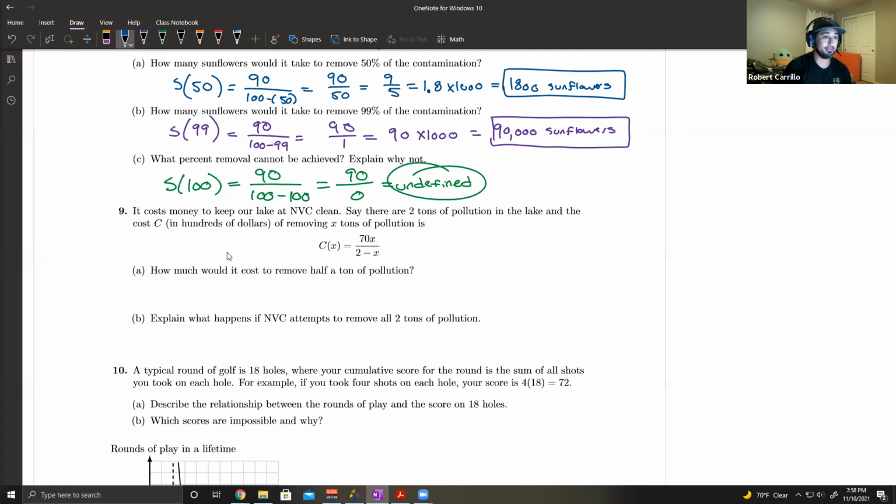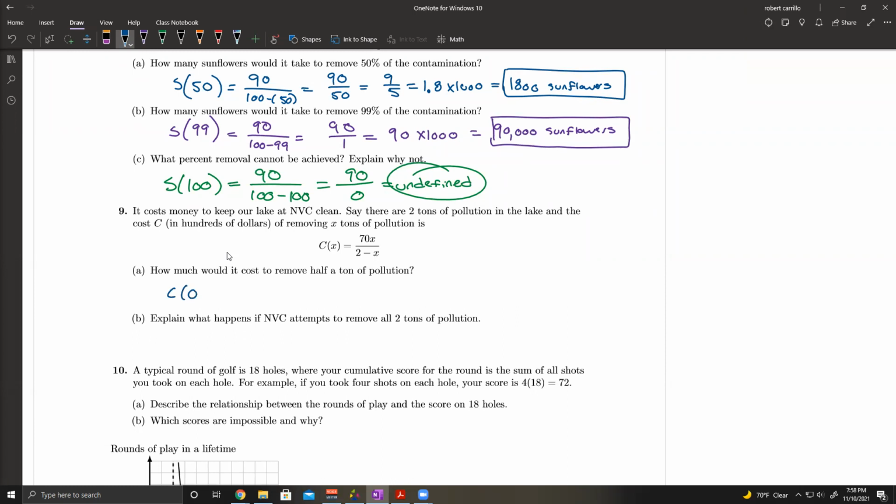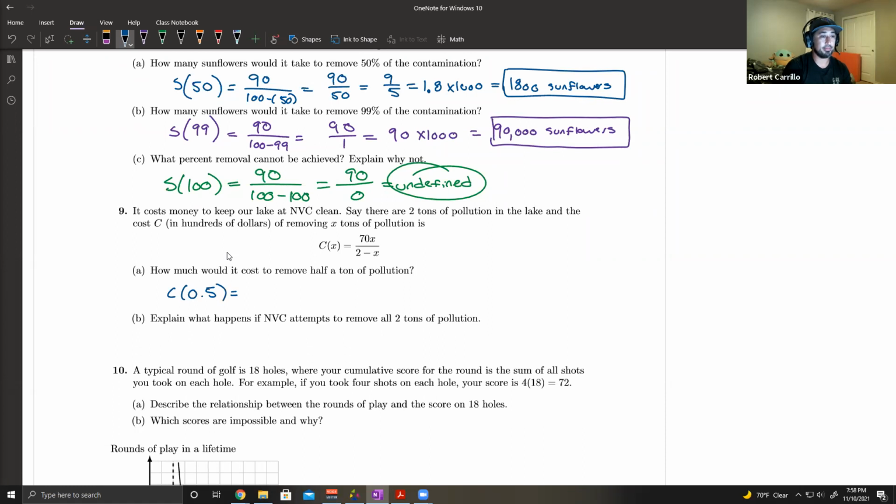What number represents a half? 0.5. So you would have C of 0.5, and you would have 70 times 0.5 over 2 minus 0.5. 70 times 0.5 gives me 35 over 2 minus 0.5, which gives me 1.5. And what is 35 over 1.5?